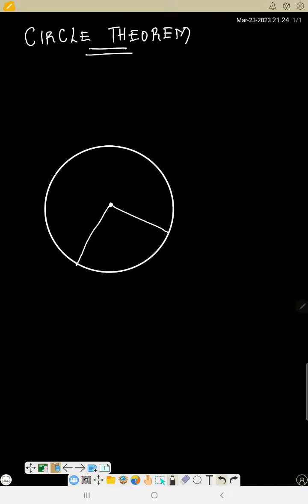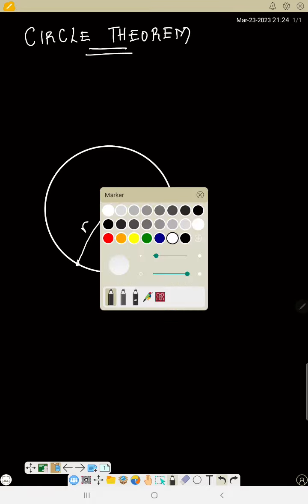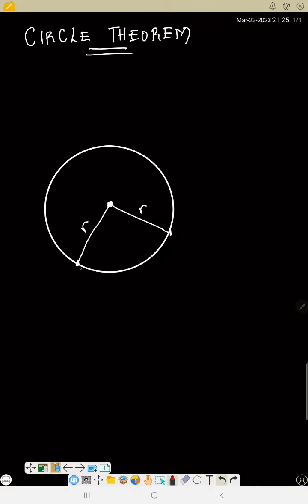Another thing you need to know is, if you have a circle again, and this is the center and you have radii, just know that this place is equal to this place. Anytime you have two radii, the radii will form an arc. This is an arc.